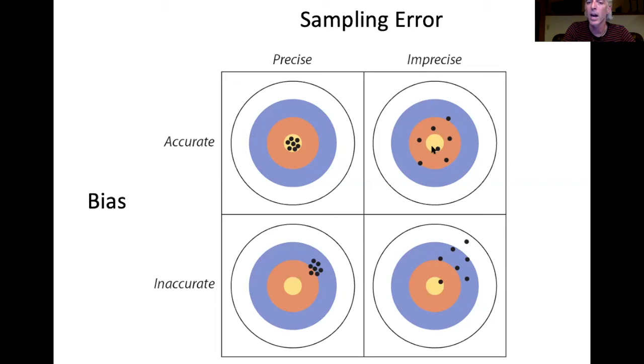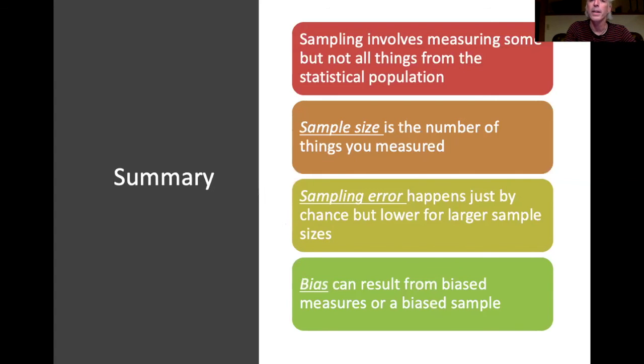They're not consistently higher or lower, and that is that they are accurate but imprecise. In the bottom left, we have very precise estimates in that they're very consistent, but they're consistently wrong or consistently inaccurate. And finally, in the bottom right, we have the worst case scenario, which are estimates that are both inaccurate and imprecise.